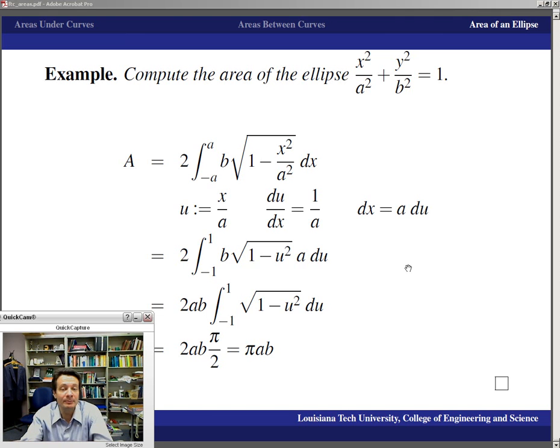Of course, reasoning by analogy doesn't give you the answer there. This is more like a tool that can help you to remember what the area of the ellipse is, but it is a result that certainly makes a good bit of sense. All right, so you've seen what to do.